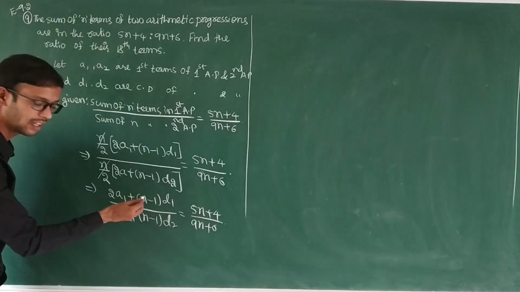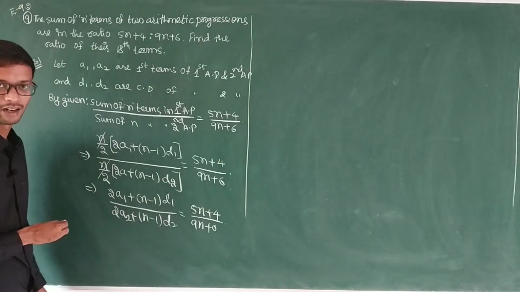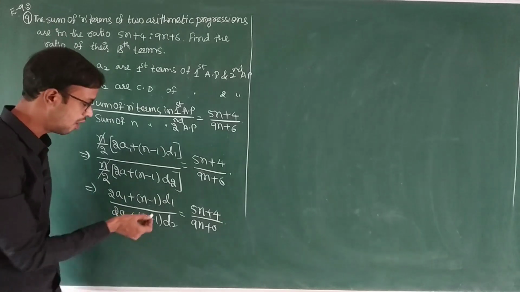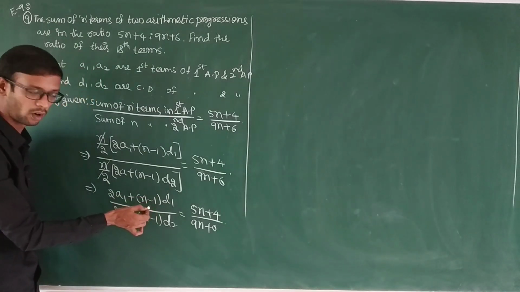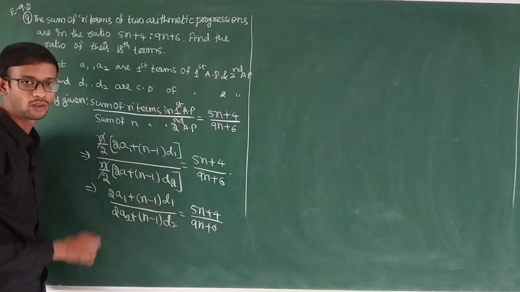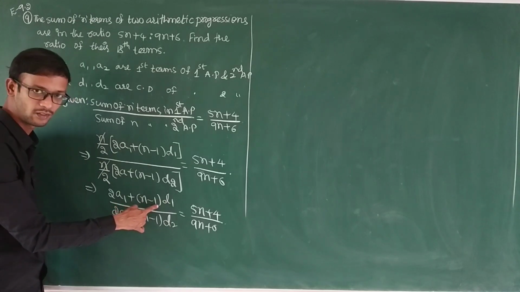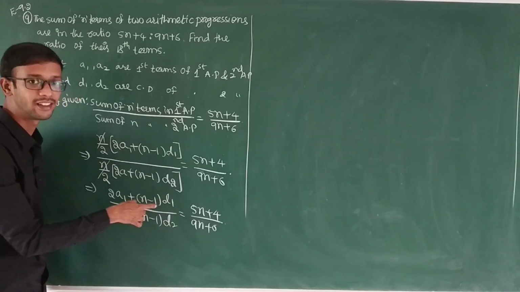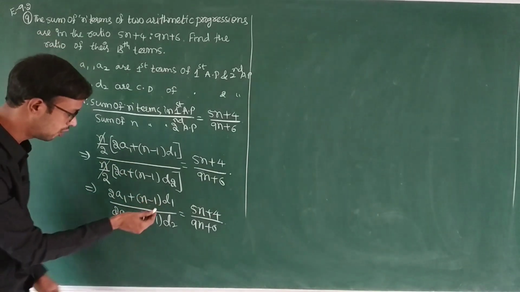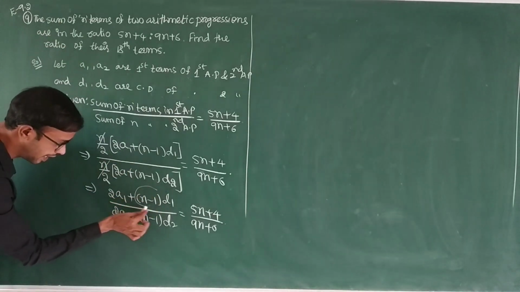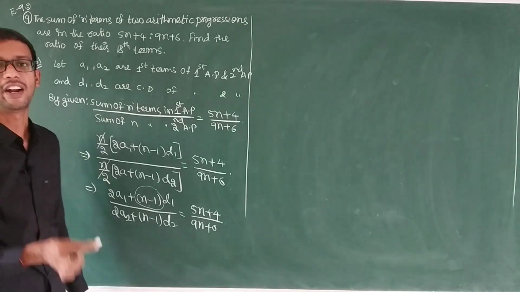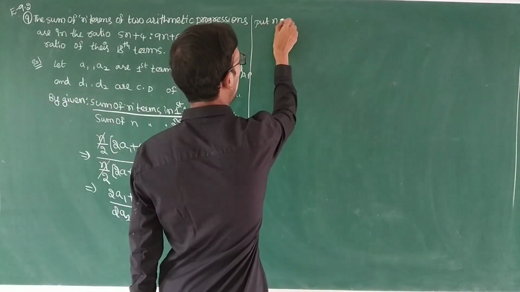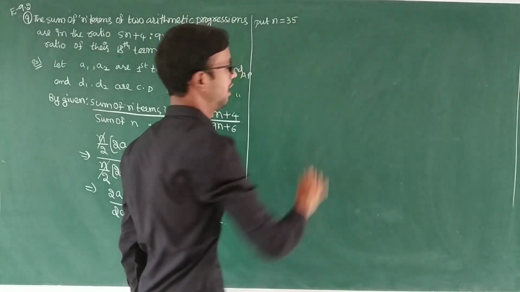If you get 34 here, you can take 2 common. To get 34, what do you have to substitute for n? 35 minus 1 is 34. In this place you have to get 34. That is why we put n equal to 35.